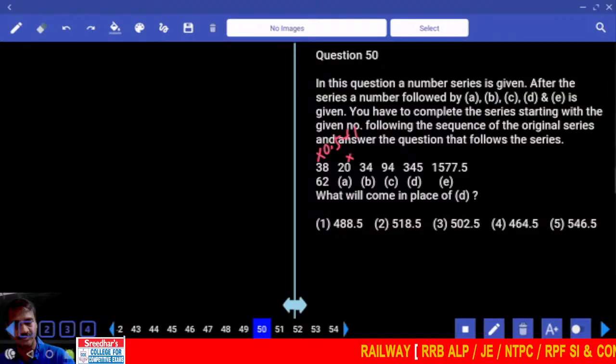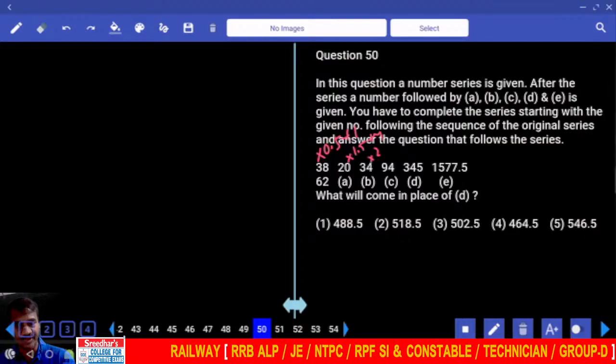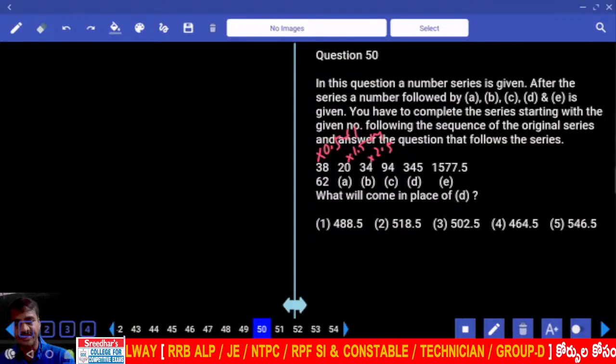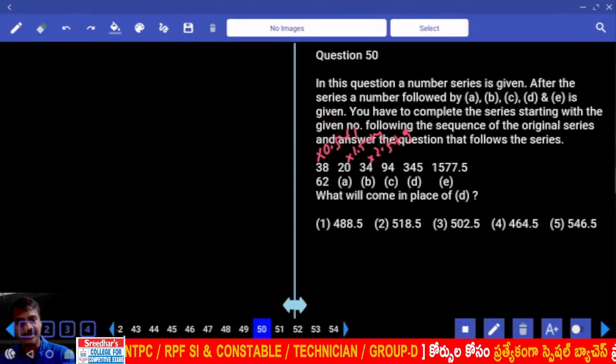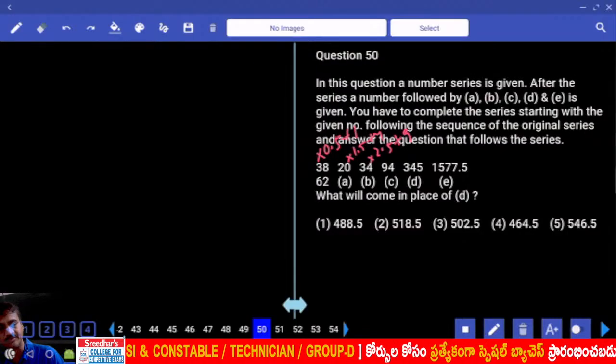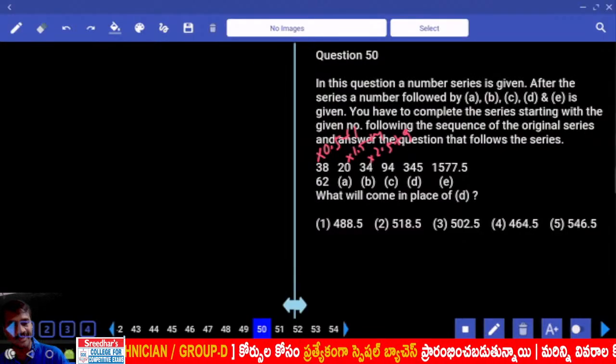Then 20 into 1.5, how much? 30 plus 4. Next one into 2.5, how much? 340, 170, 85. 85 plus 9. Into 0.5 plus 1, into 1.5 plus 4, into 2.5 plus 9. And squares are being added.